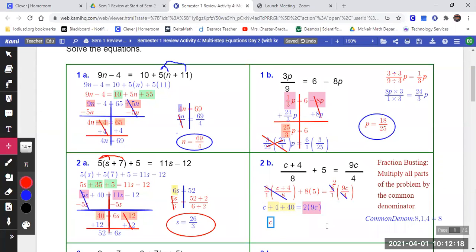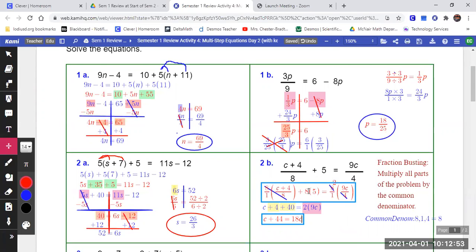Combine our like terms. 44. And that's going to equal, do the math for the other side, the 2 times the 9c. What are we going to get? 18c.